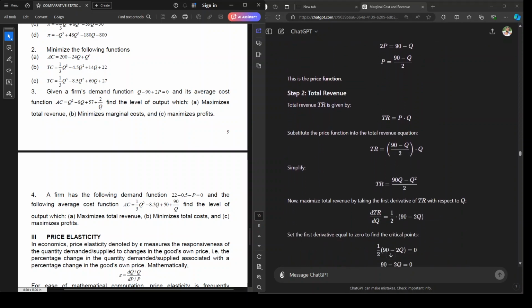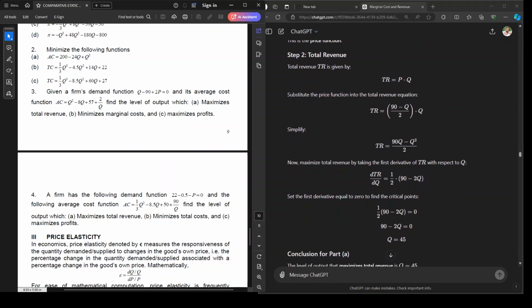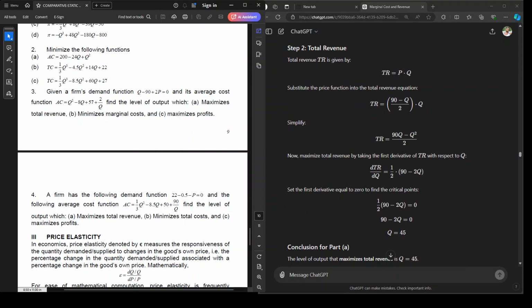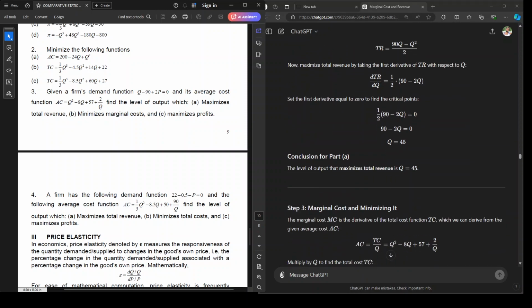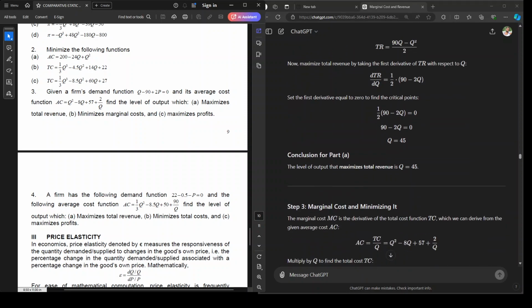So if you have 45 minus q over 2, because when you divide 90 by 2, it's 45. And when you multiply with the q, here we have 45 minus q over 2. They have retained the half outside.